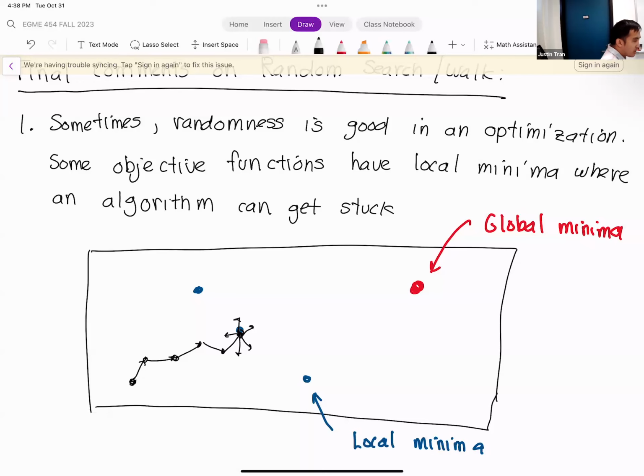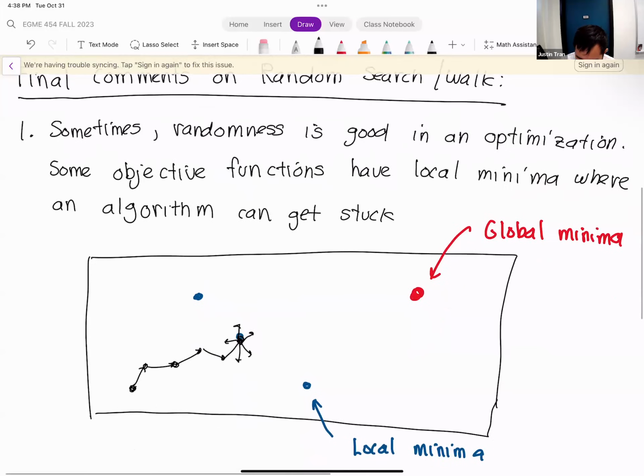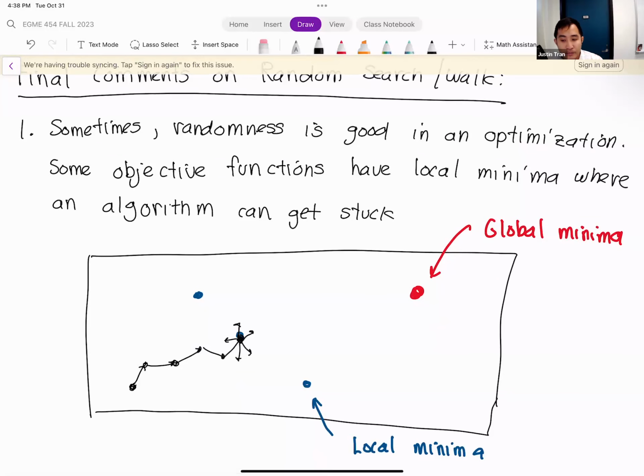If you're checking all these points and finding points that are worse, you may be led to believe that this point right here is a minimum. The way we say that is that your algorithm can get stuck. One way to break this is to literally do something random.